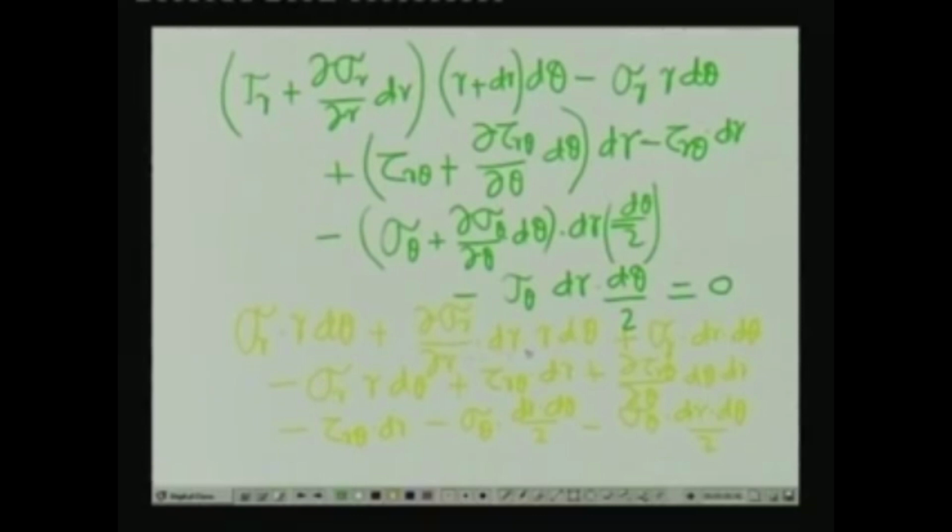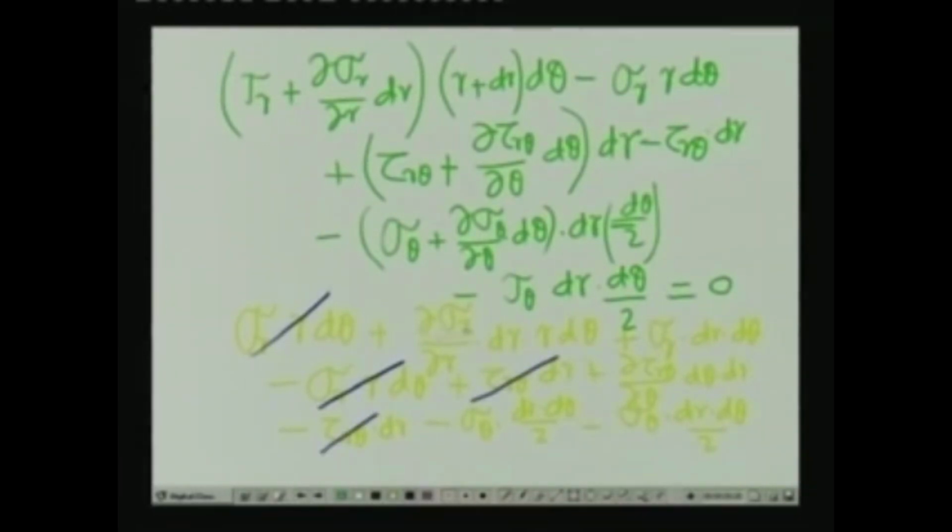Now, from these we find that the two sigma r r d theta terms cancel out, and the plus tau r theta dr and minus tau r theta dr cancel out.